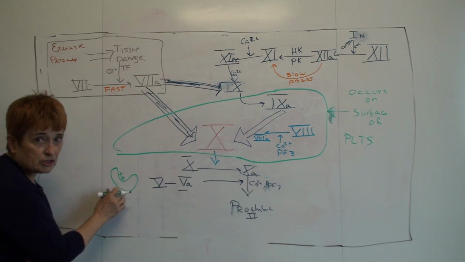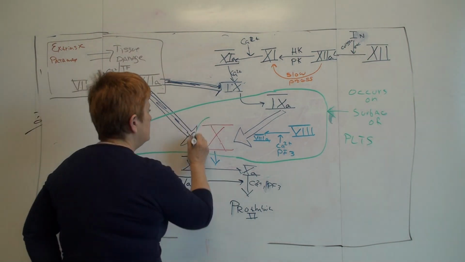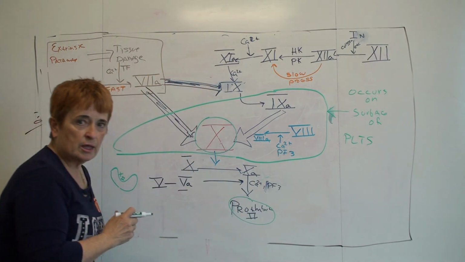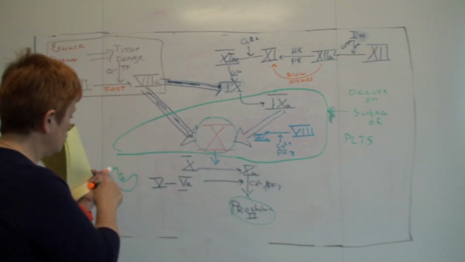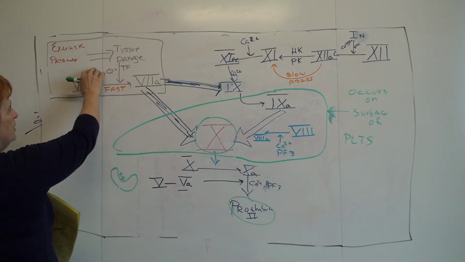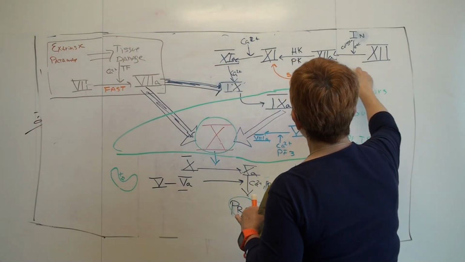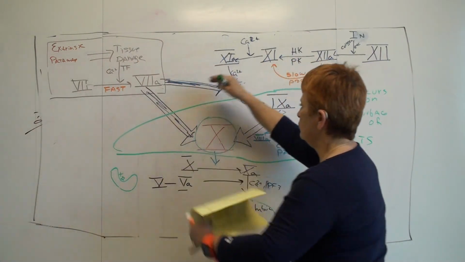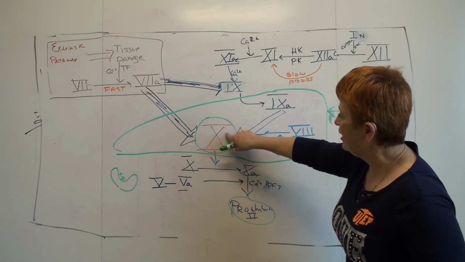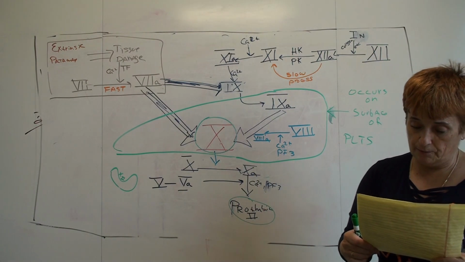So that's why it's occurring on the platelet surface. I love 10 and I love 2. So that part is occurring on the surface. This part occurs in the attachment with the tissue. This part here with 7 is going to come in and work with the rest of the platelets. It's going to go down, and at factor 10 and 2 is where it's really going to start coming together.